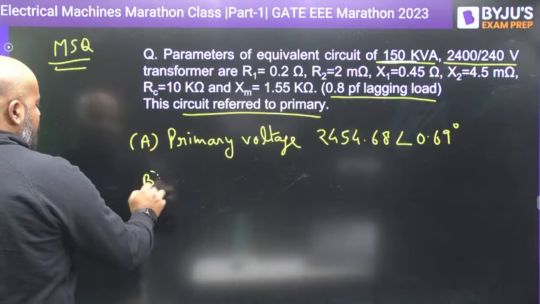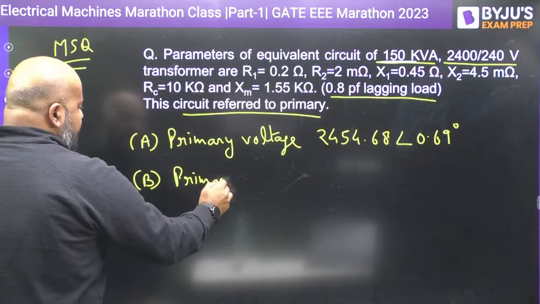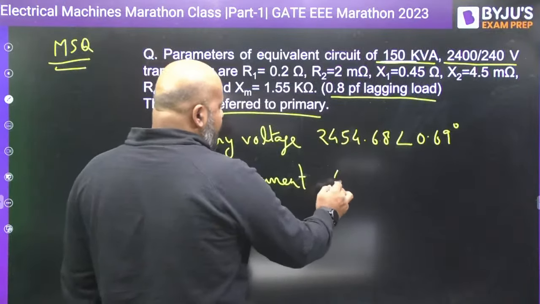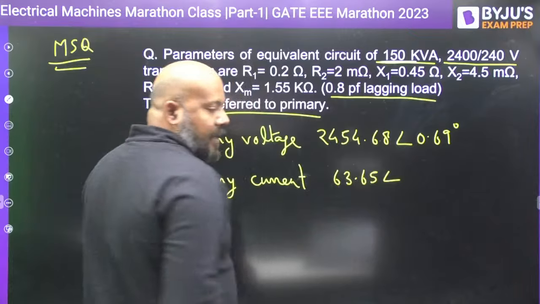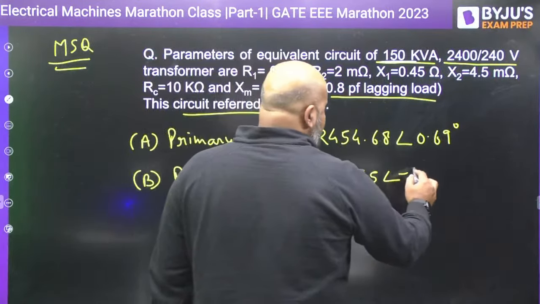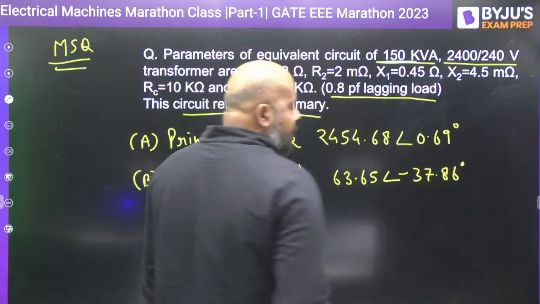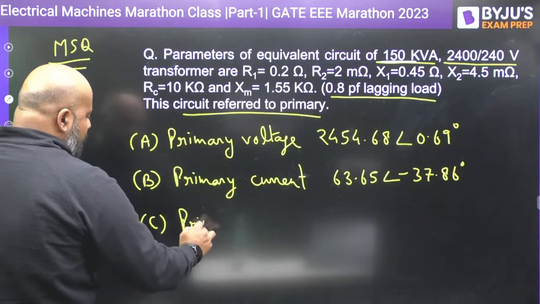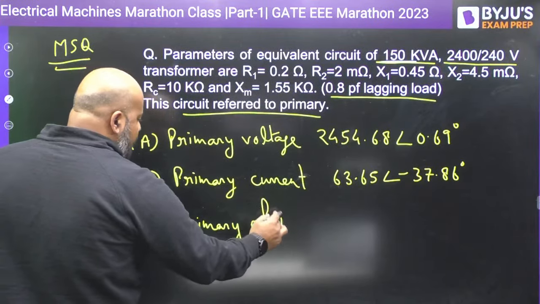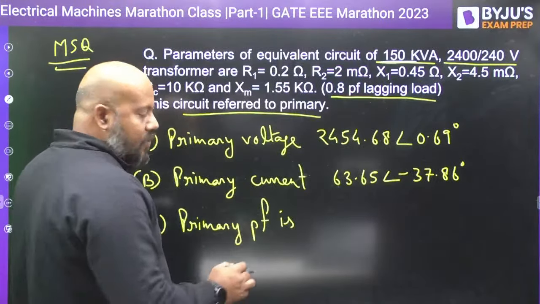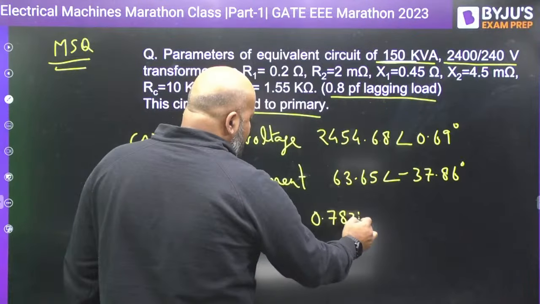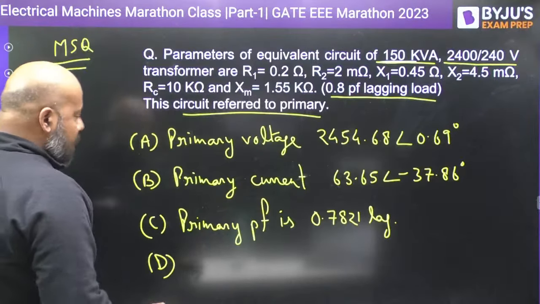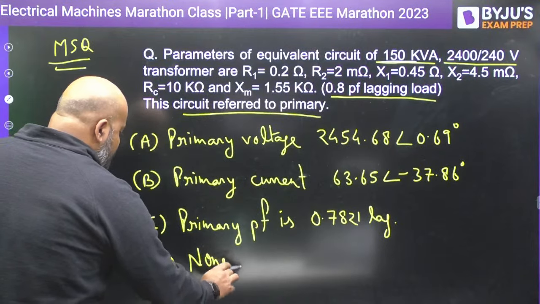Option B, primary current is 63.65 angle minus 37.86 amperes. Option C, primary power factor is 0.7821 lag. And option D is none. So it is a multiple select type question.